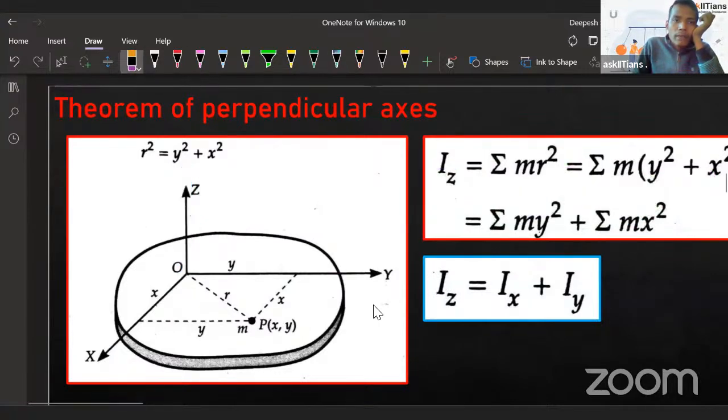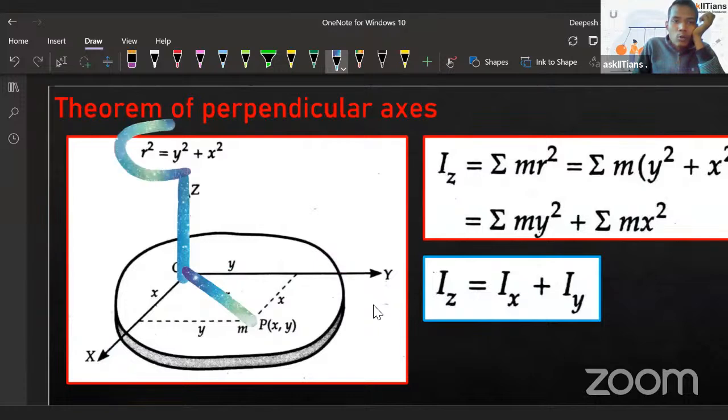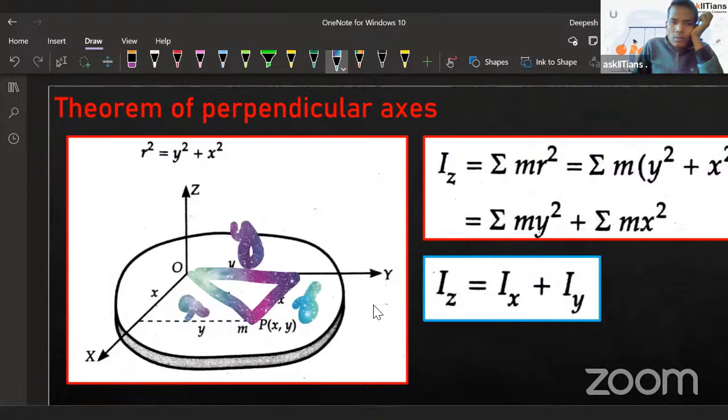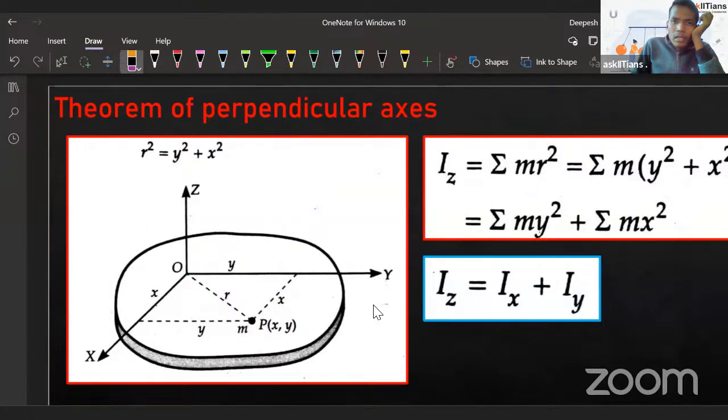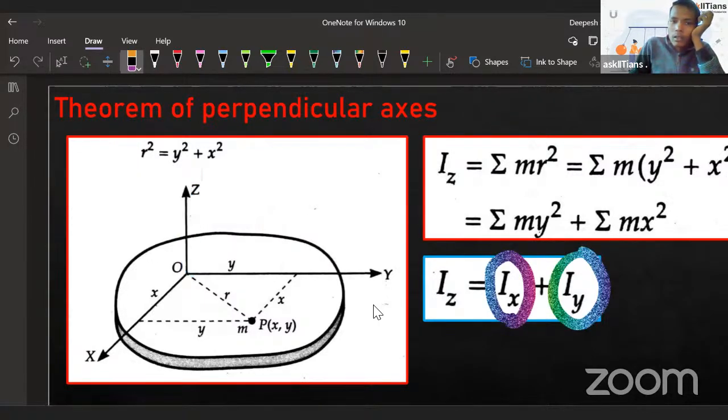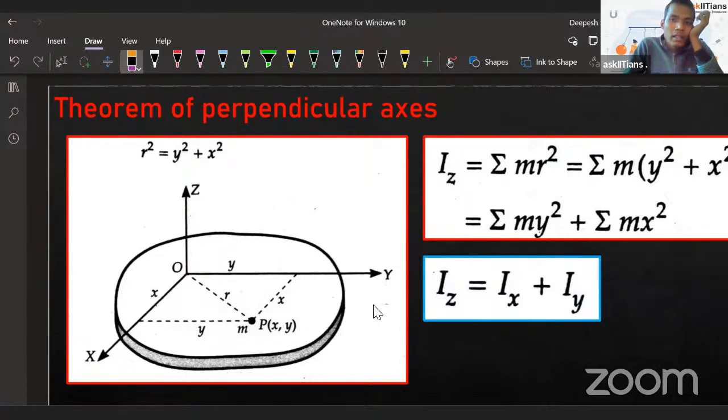The z-axis is r distance away, and r is the square root of y square plus x square, which is obvious because in this triangle, r is the hypotenuse, y the perpendicular and x the base. So the moment of inertia along the z-axis is simply equal to the moment of inertia along the x and y axes added separately.